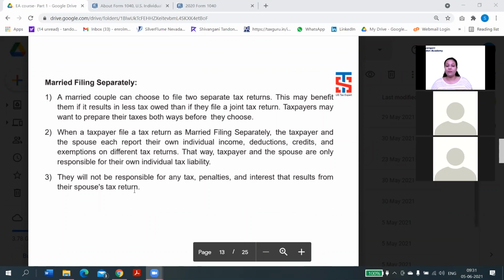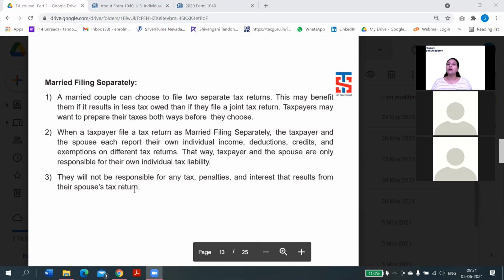Maybe one of the couple is having income in millions and the other one is having income in a much lesser range. In that way, combining the income means the lower-income person is also taxed at the same income bracket as the millionaire person.